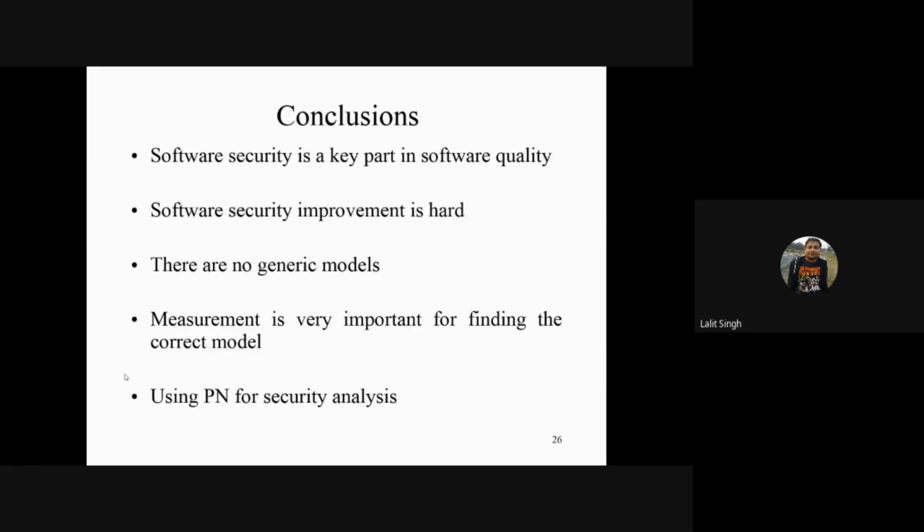Definitely all those phases should be considered, but depending on the context of the system, the activities have to be customized, and the measurement is very important for finding the correct model, and we can see how the Petri net can be used for the security analysis.